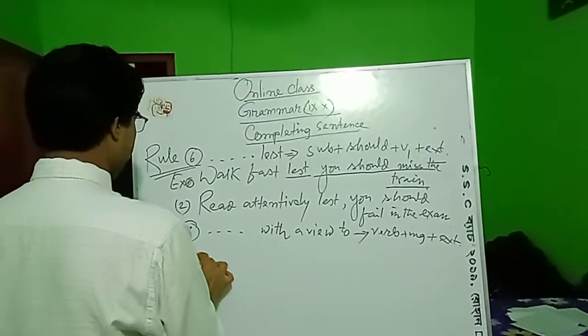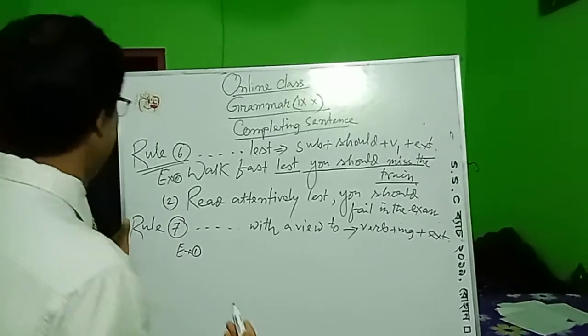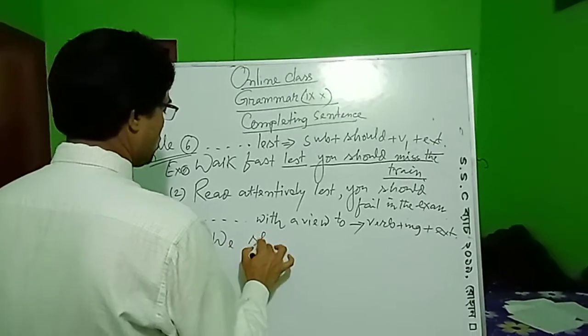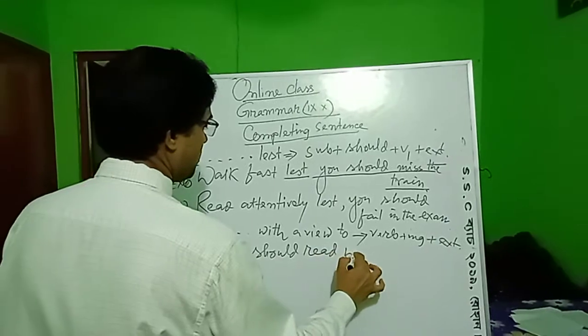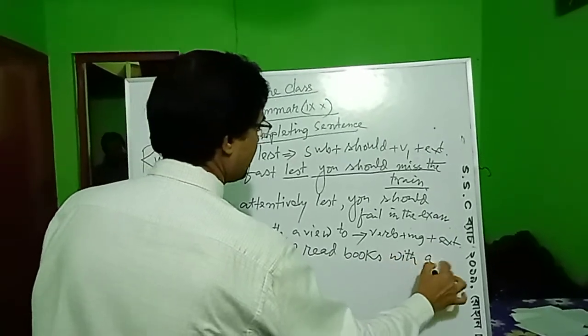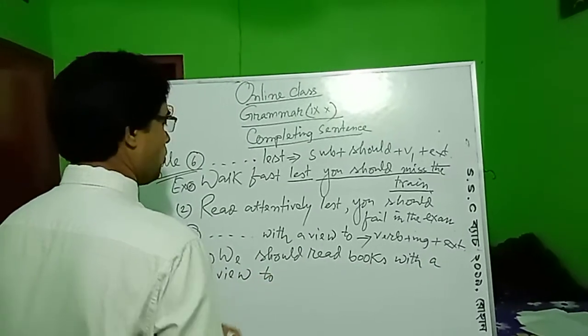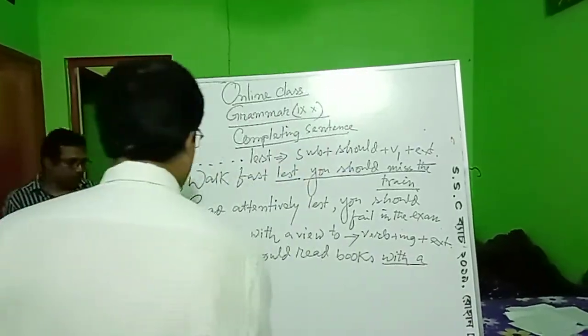Example number 1, and you know: we should read books with a view to get a V2.